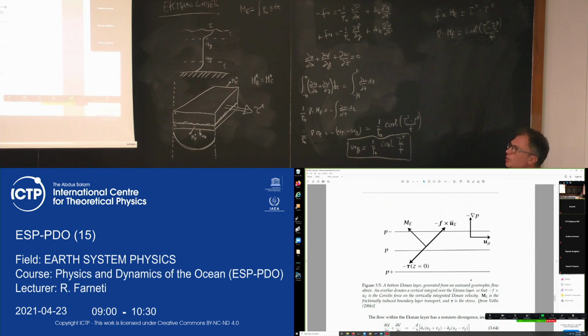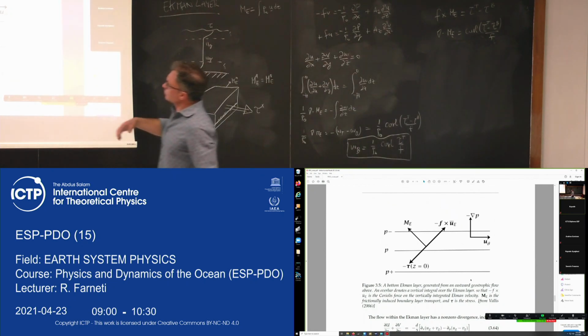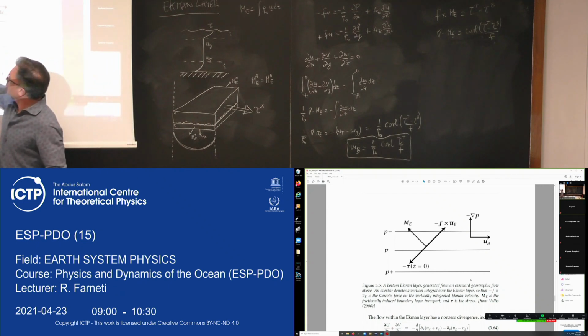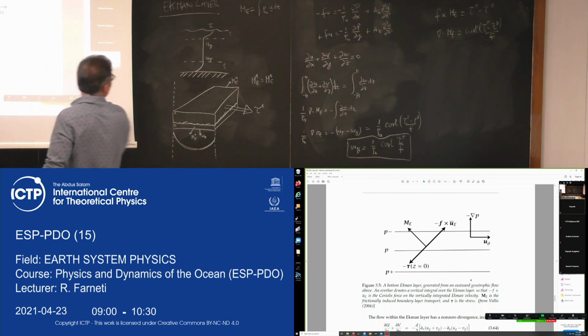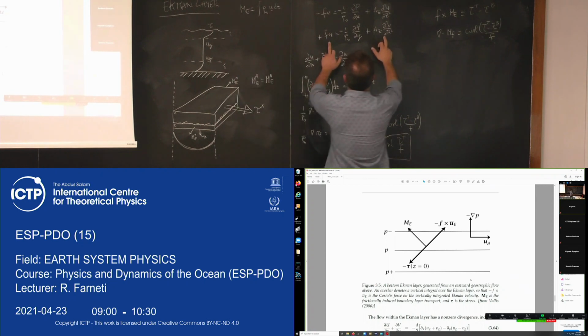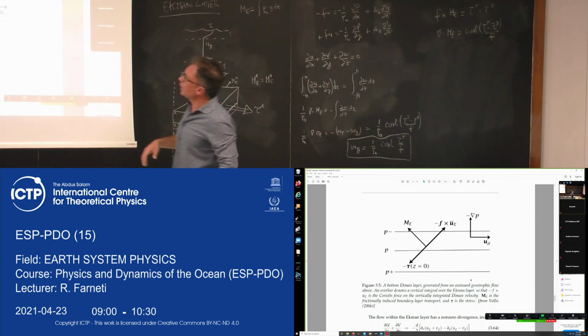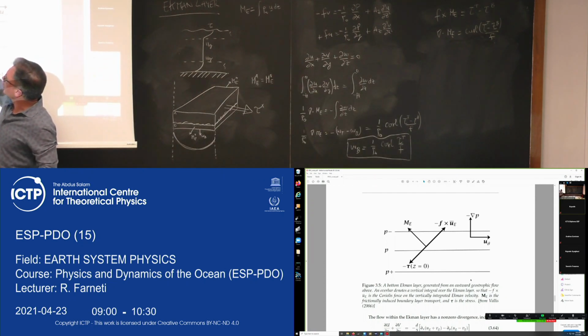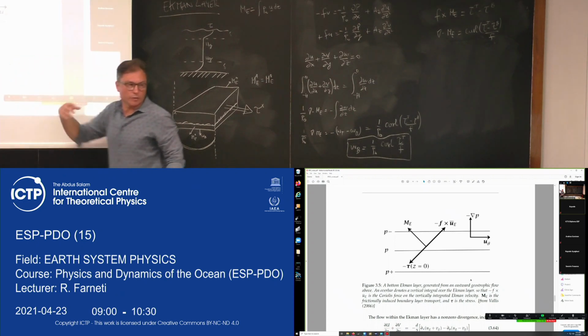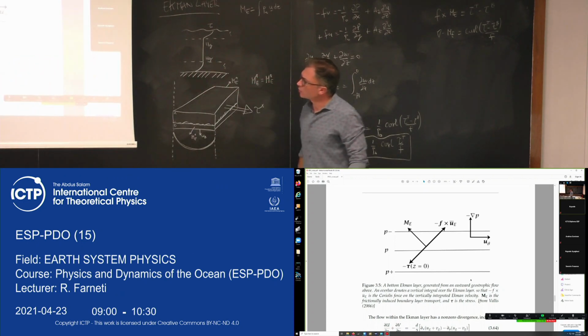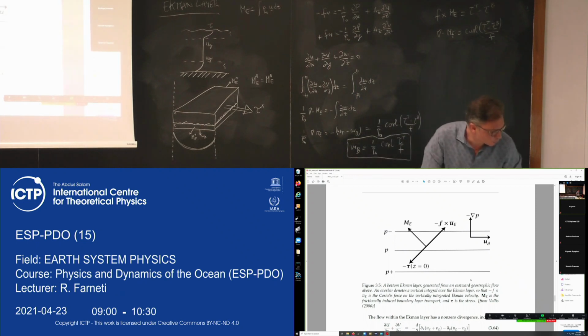If you want to interpret the balance in the bottom Ekman layer, the frictional force is balanced by Coriolis, and the total transport is at 90 degrees, right angles, to the force. So that is how to visualize the forces and the net transport in the bottom boundary layer.